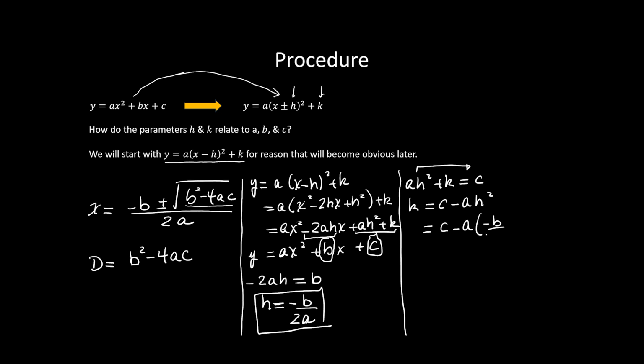So negative b over 2a squared. So now, square the inside of these parentheses. We get a b squared over 4a squared. Now this a will cancel one of these. A is out.